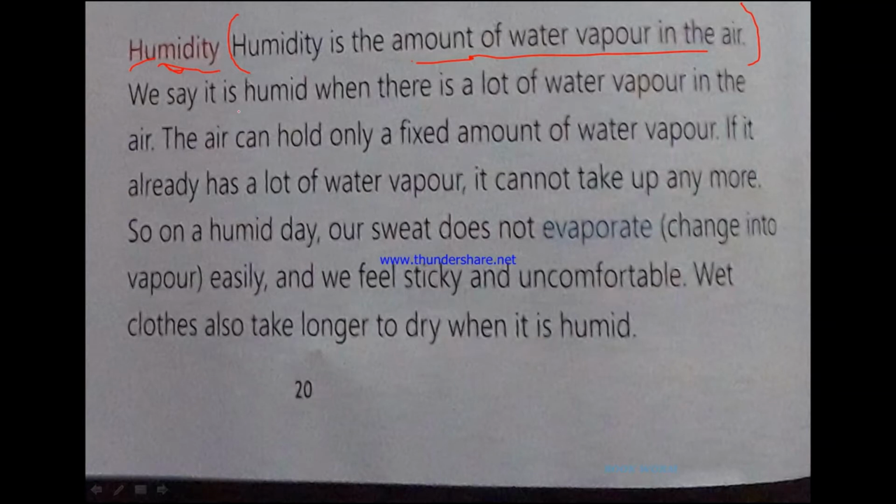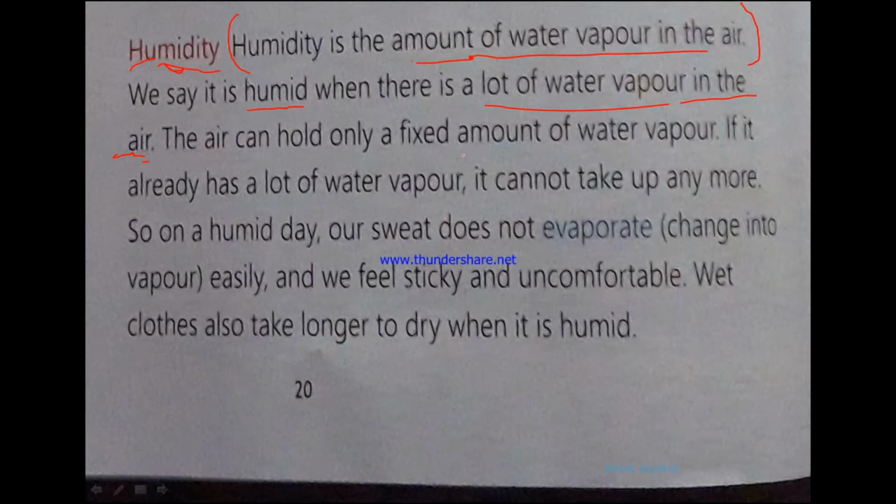So when do we say it is humid? If you are asked what a humid situation is, you will say that it is when a lot of water vapor is present in the air. Next, the air can hold only a fixed amount of water vapor. The air has a capacity. The air cannot hold unlimited water vapor, though there is evaporation continuously every day without rain.